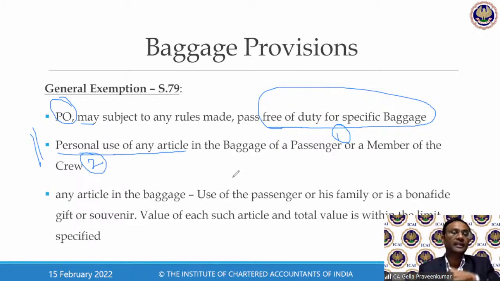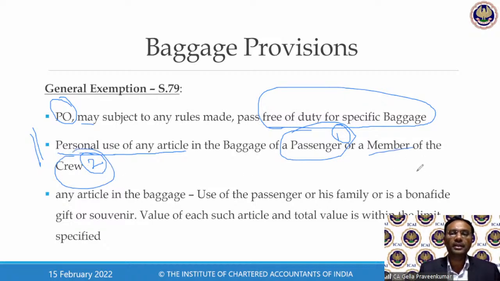Whenever we say a wristwatch, it is a personal belonging. No one needs to question whether this wristwatch is your personal belonging. So any articles of personal use in the baggage, used by a passenger or by a member of the crew.